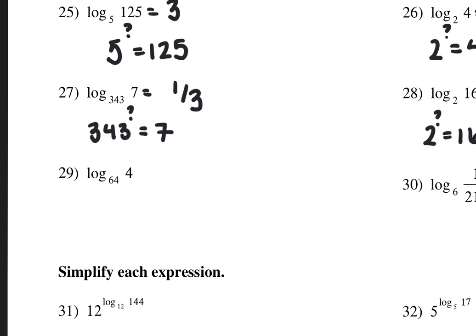Let's go on to the next one. We have grow, switch, and we're looking for the exponent. And since it's getting smaller, we know 4 cubed is 64. That's why we can do the fraction 1/3.